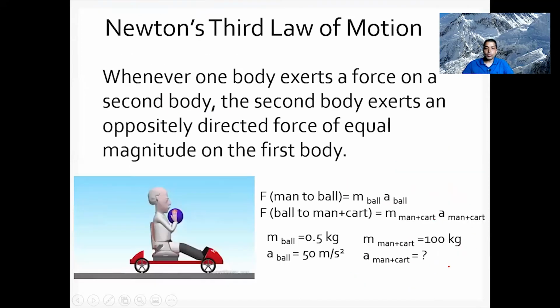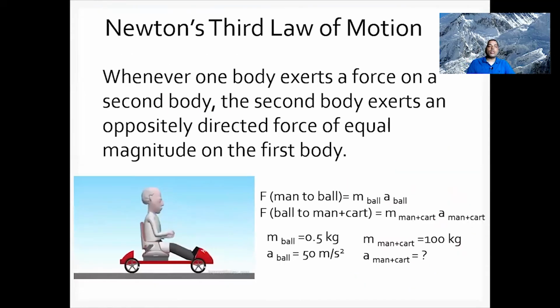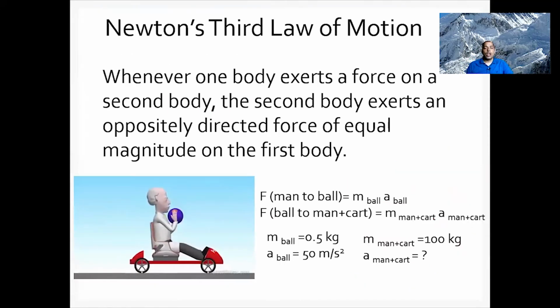Okay, all right, let's talk about Newton's third law of motion here. Whenever one body exerts a force on a second body, the second body exerts an oppositely directed force of equal magnitude on the first body. So you can see here the guy is tossing the ball.